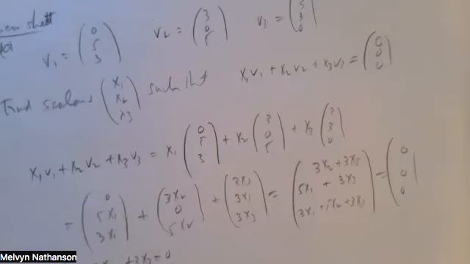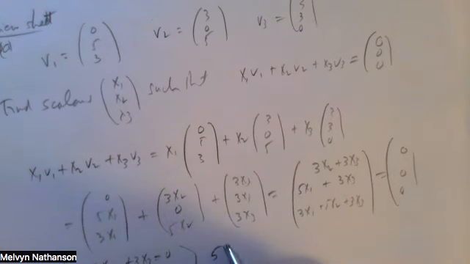And how do we solve these equations? Well, you can solve it any way you like. For example, if you subtract the first equation from the second, you get 5x1 minus 3x2 equals 0. And the third equation is 3x1 plus 5x2 equals 0.